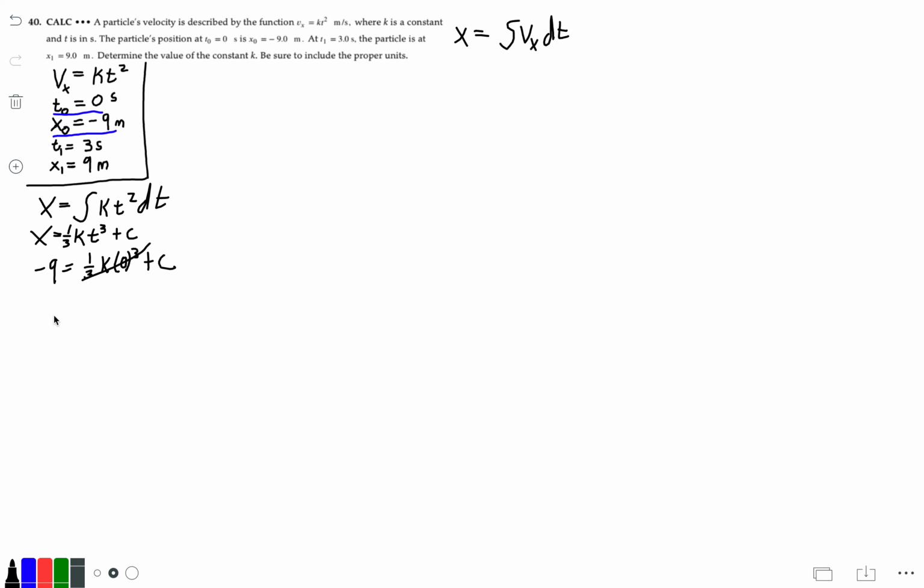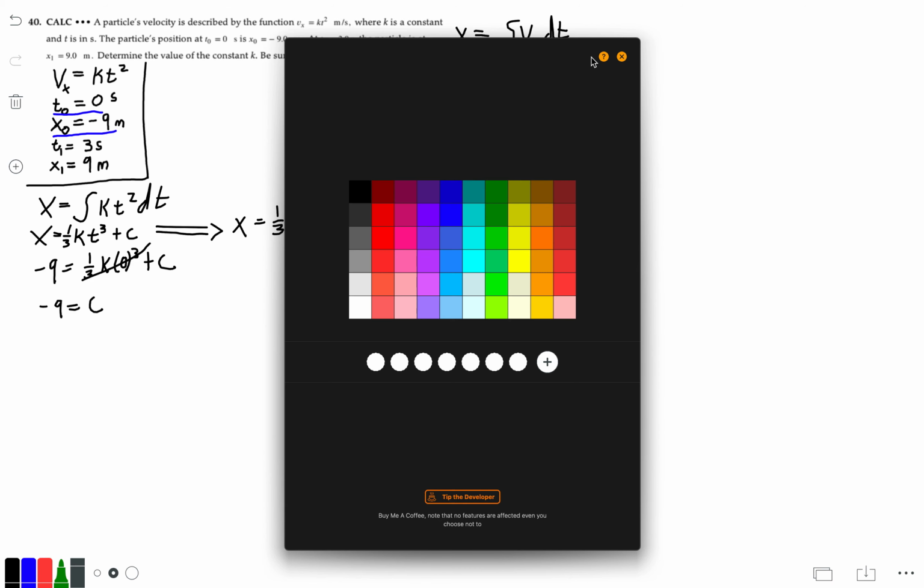And of course this is 0, so we're left with -9 equals c. From here we're going to plug back into this equation, and I'm going to plug in our c value here, -9.